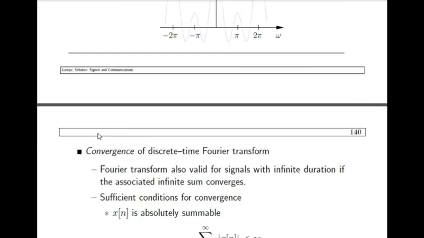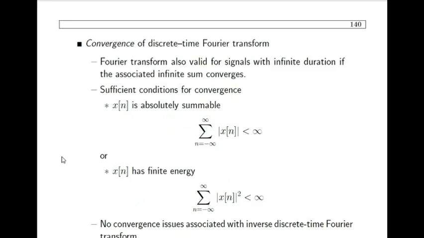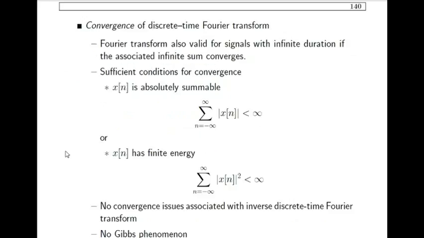Now let's see the convergence of discrete time Fourier transforms. There are things different in this discrete case than the continuous case. The Fourier transform is also valid for signals which are of infinite duration.